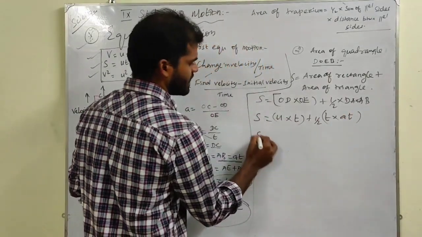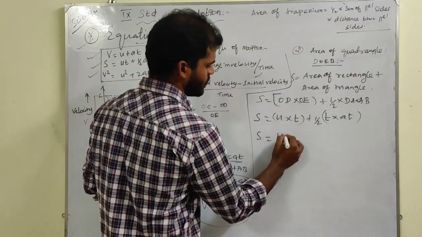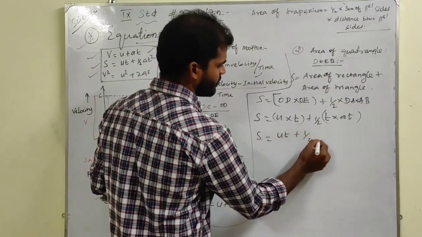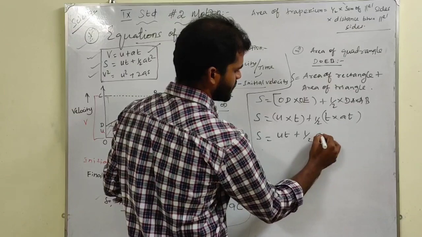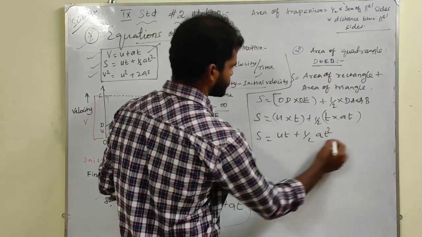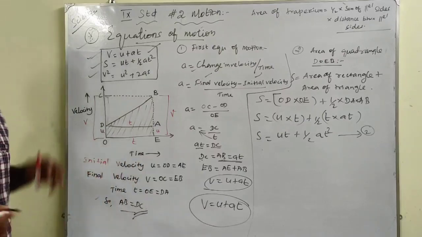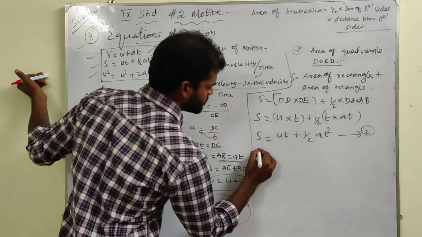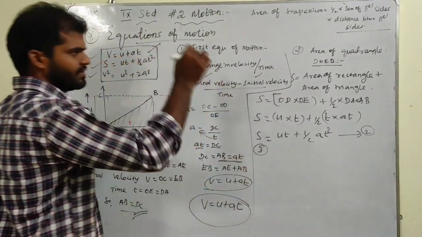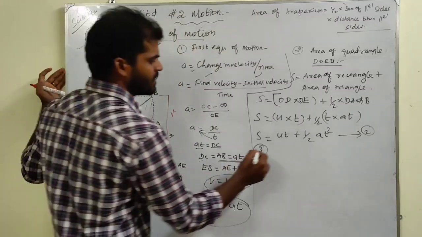So very simple. S is equal to U into T, UT, plus half into A into T square. Right? That's it.